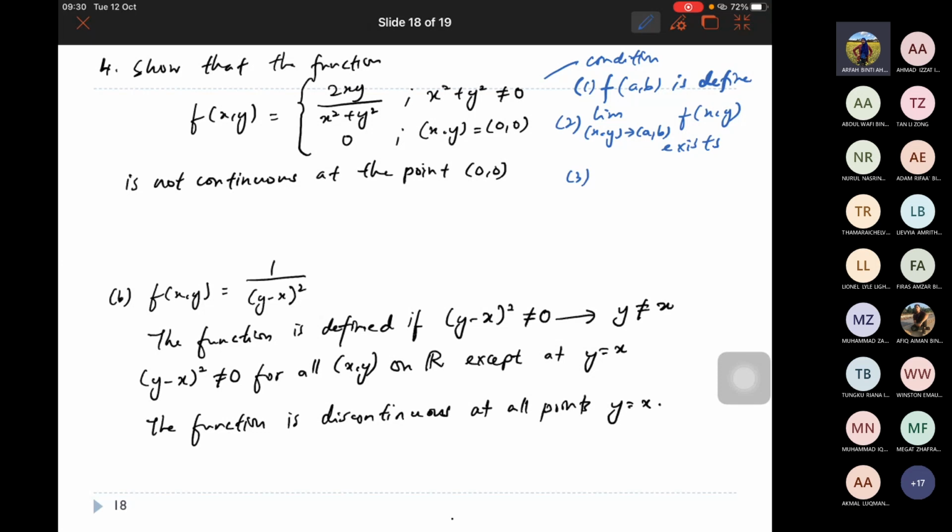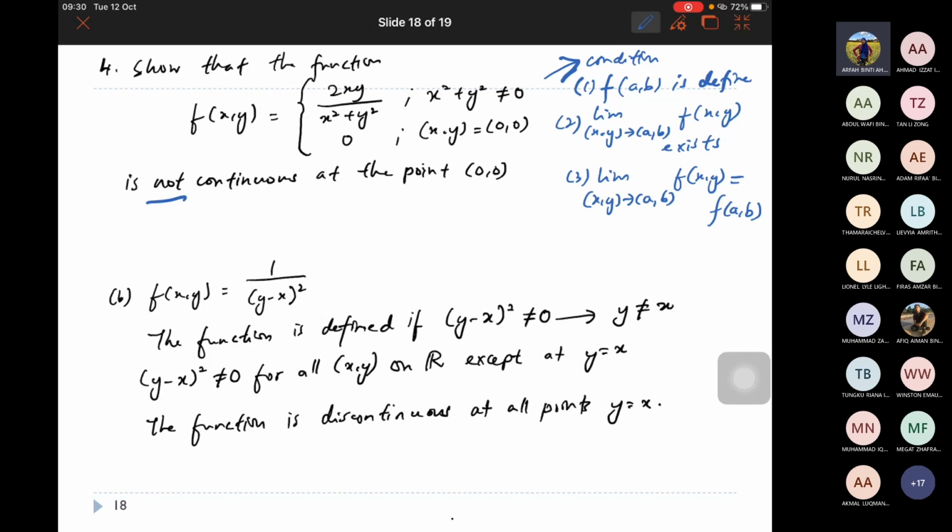Okay. Dan yang ketiga, the limit of x, y approaches a, b, f(x,y) akan sama dengan f(a,b). Okay.